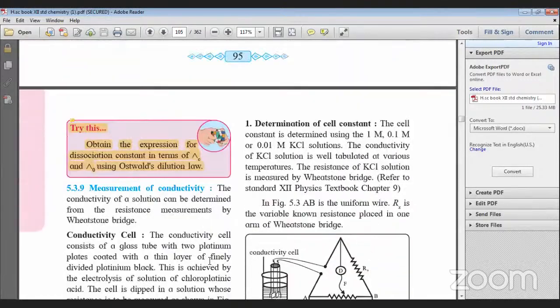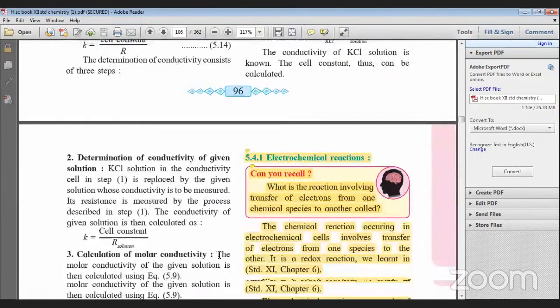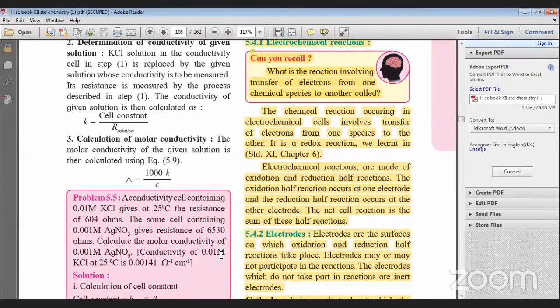So with this, we have seen how we can use this information to find out three things. First, we calculate cell constant. After calculating cell constant, we can calculate conductivity of any given solution. And after that, from the conductivity, we will find out molar conductivity.